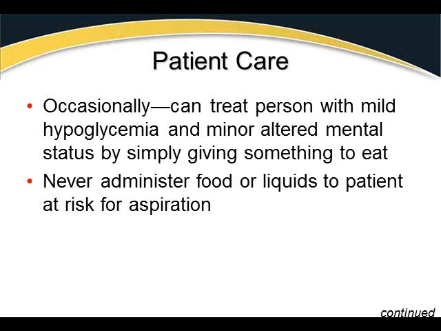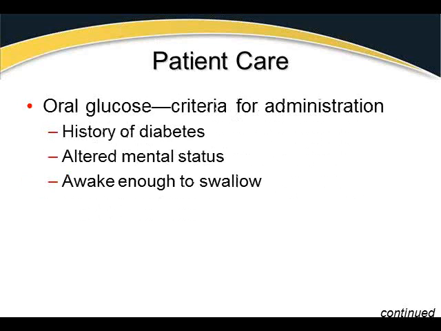Now, when you give them something to eat, it should be obviously carbohydrate based. So whether that's an oral glucose, which is a packaged sugar that we carry in many cases, and you can see how they're doing this on page 512 in your text, or it's actual food.